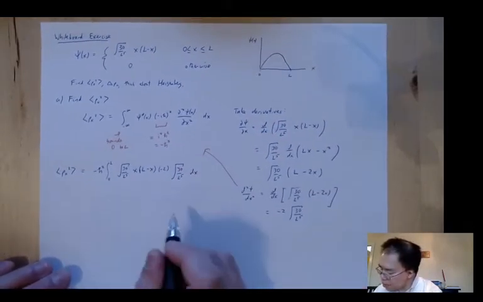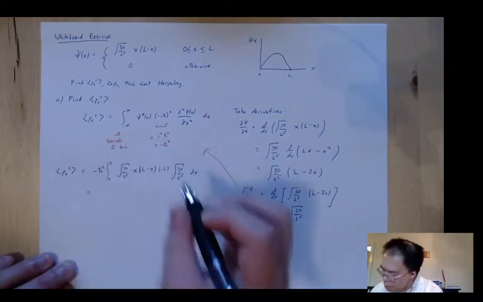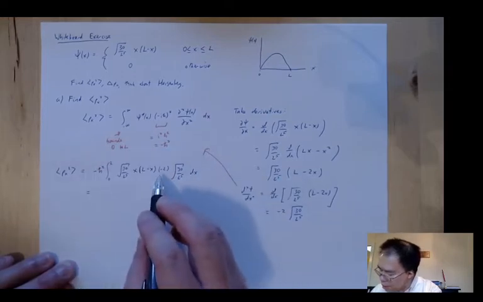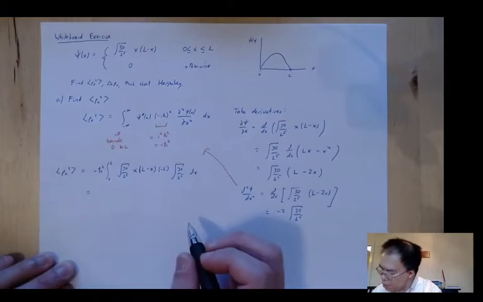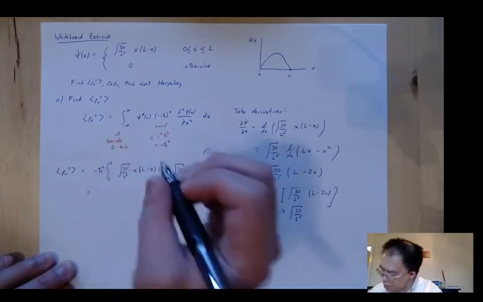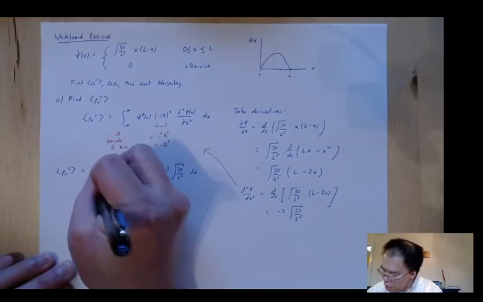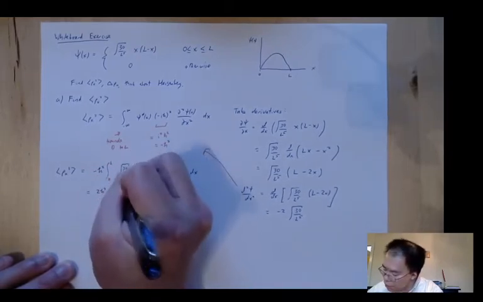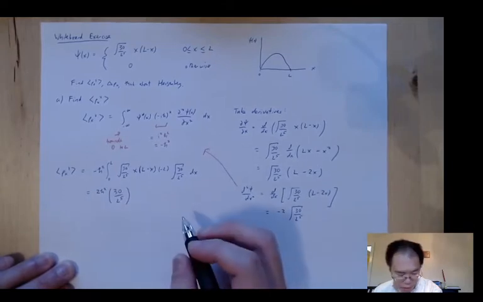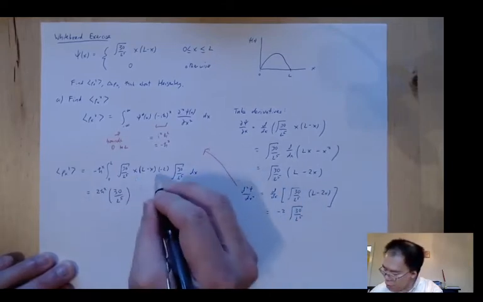Let's just collect up all the constants. So let's see, we have a minus 2 canceling that minus sign here. Then I'll pull out all the 30 over L to the fifth. So we have 2 h bar squared times the quantity 30 over L to the fifth. And then we have just this part inside.